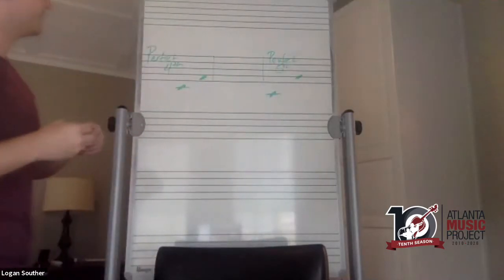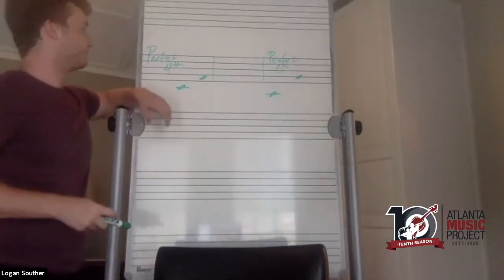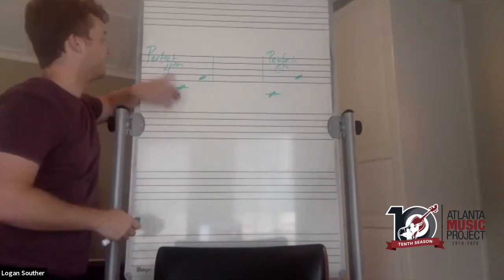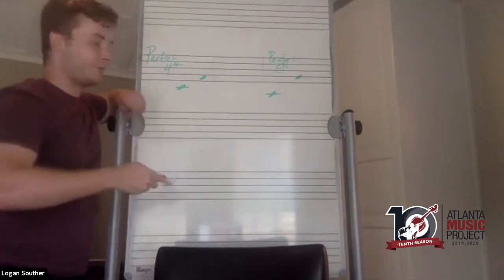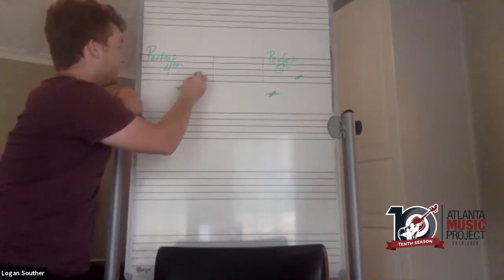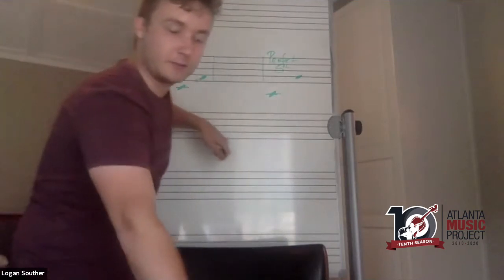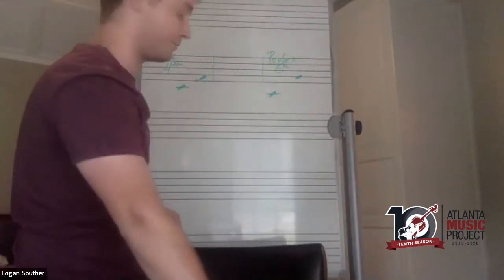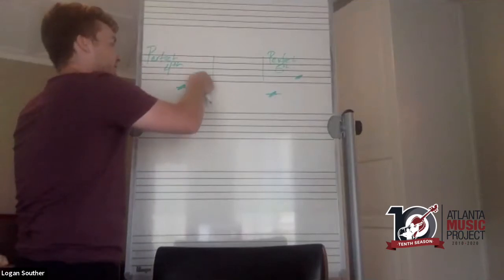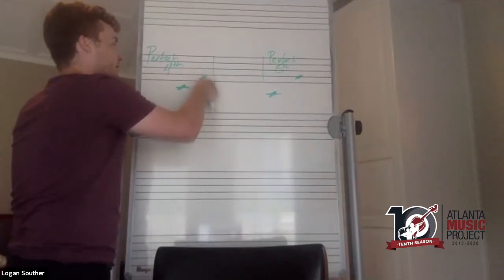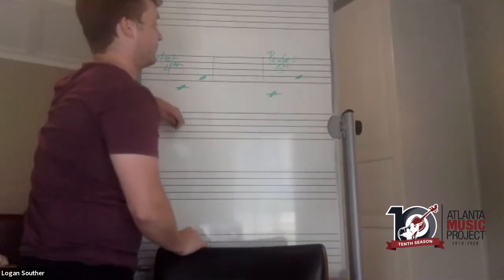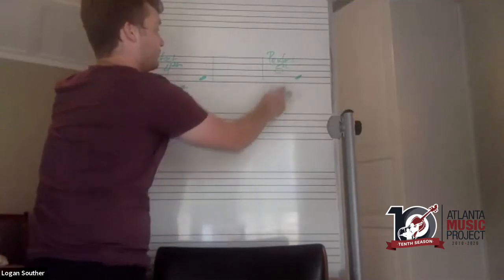And the reason we don't call them major or minor is because if we were to make this minor, this F, if we lower it by a half step, would just go down to E, which is a major third. So if we lower that 4th by a half step, it just becomes a major third. So the 4th doesn't really have a major or minor quality, and the same is true for a perfect 5th.